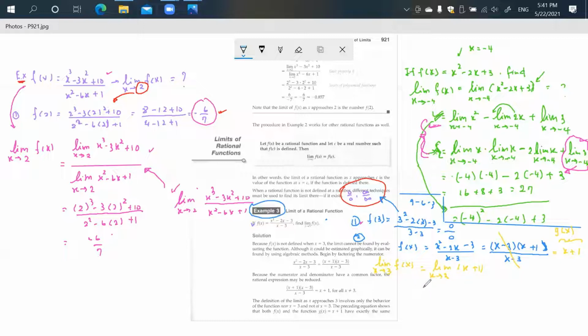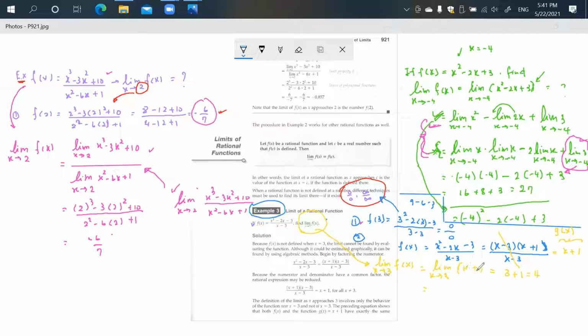Once you take the limit of both sides, then because you simplified like this, you can replace x with 3 right away. So you replace 3 right away, and it becomes 3 plus 1. That's equal to 4.